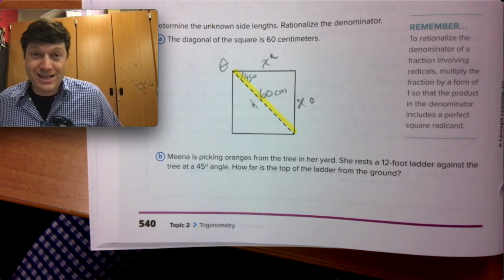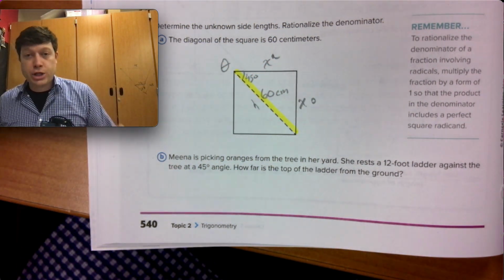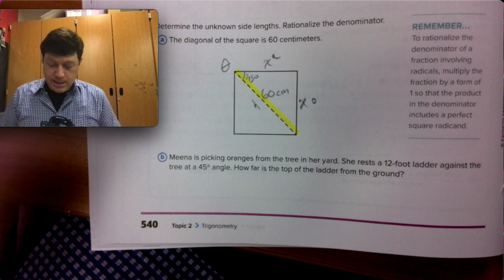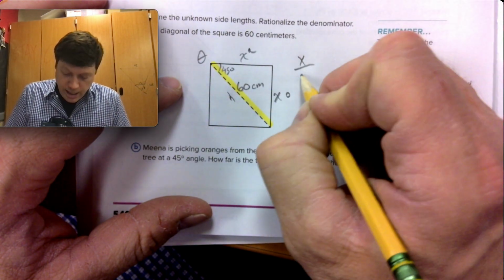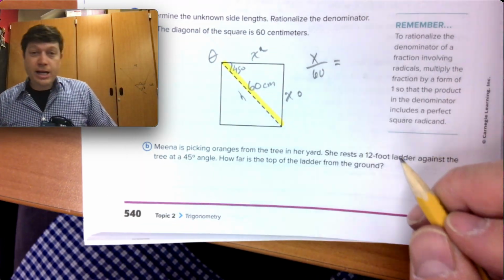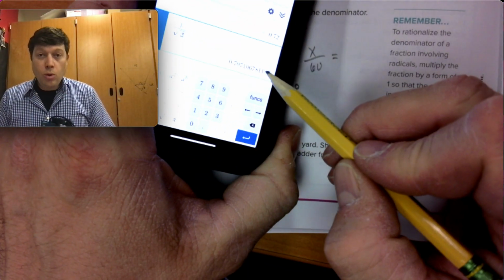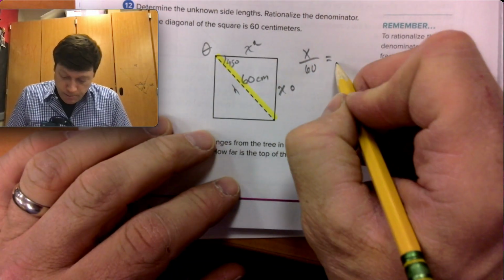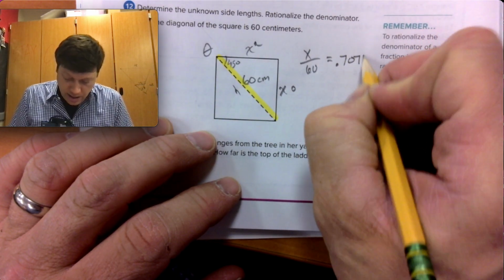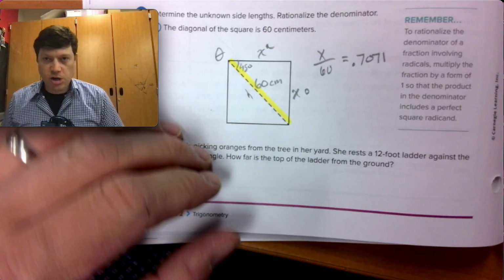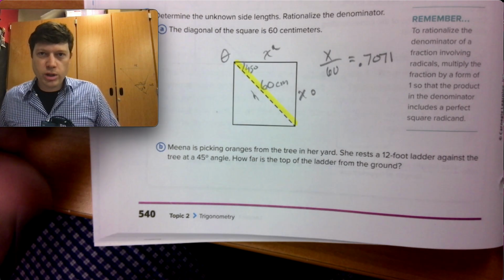That tells me this. I can write the fractions for the opposite side to the hypotenuse, and I can set it equal to that decimal from what we got in the previous problem. 0.7071, and that's as far as we need to go for realistic purposes.